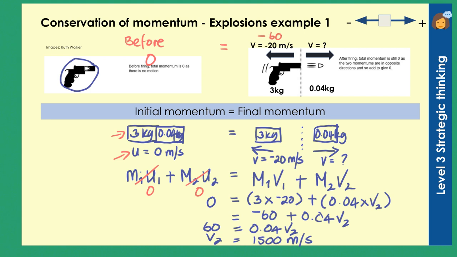And if we multiply 0.04 by 1,500, we get a positive number, so it is plus 60. So minus 60 plus 60 is equal to 0. It means that after and before the event, the momentum is equal. So it hasn't changed. It has been conserved.